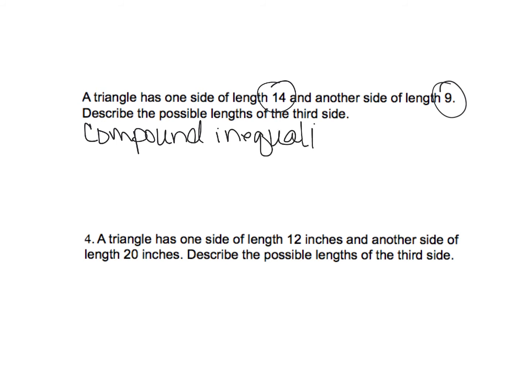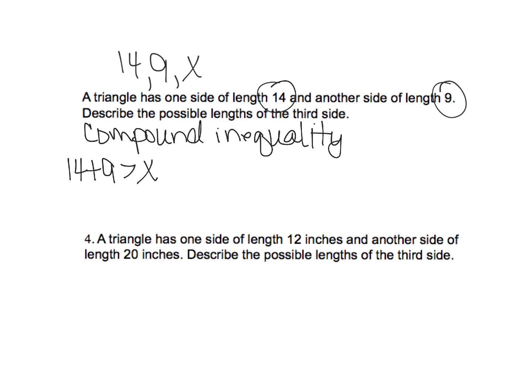So if we think about those 3 inequalities, we have 3 sides to our triangle. One is 14, one is 9, and we don't know the third side. We're going to call it x. So our 3 inequalities, I pick 2 sides. 14 plus 9 has to be greater than that third side, which we don't know.